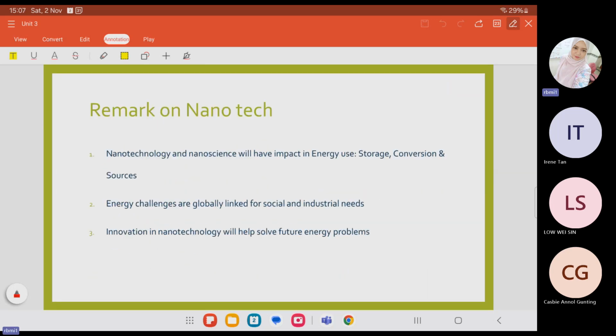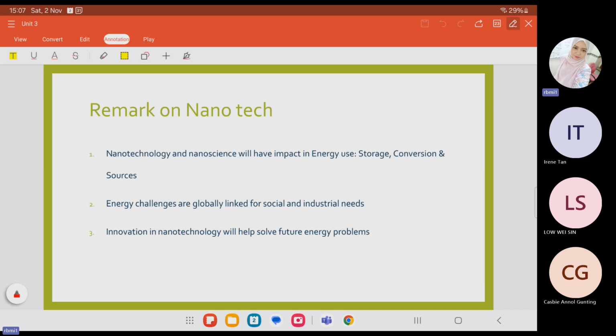So this is the final one. Nanotechnology is an emerging field, as we already know, in which new and innovative tools are being developed to tackle issues, more importantly water, air, and soil pollution on the earth.